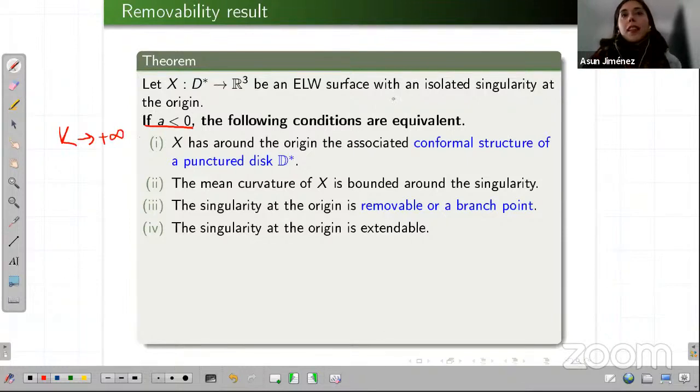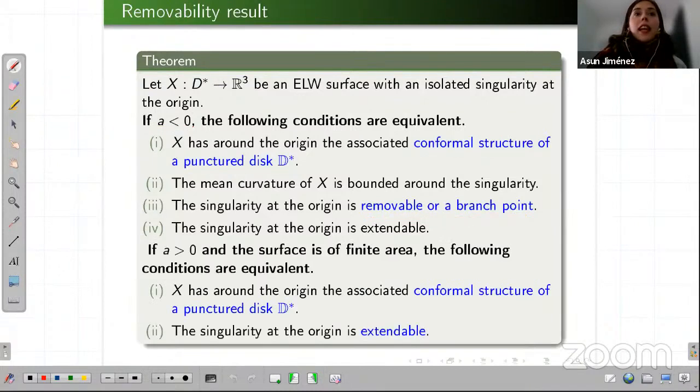So if you have an elliptic linear Weingarten surface with an isolated singularity, and the associated conformal structure is that of a punctured disk, all these conditions are equivalent, but you can focus on this fact: then the singularity is removable, or it is a branch point. In particular, if the surface is embedded, the singularity is removable. So this is an example of the importance of the conformal structure.